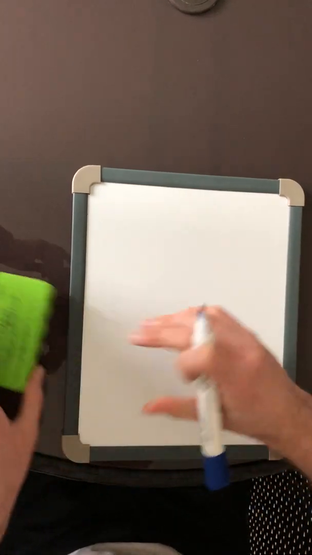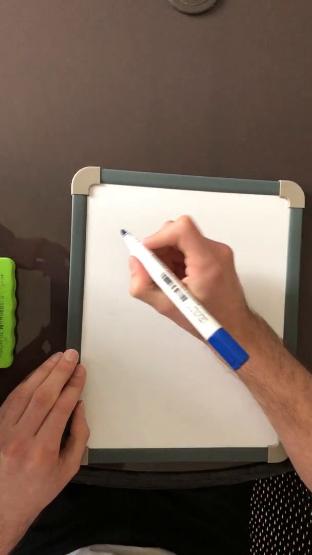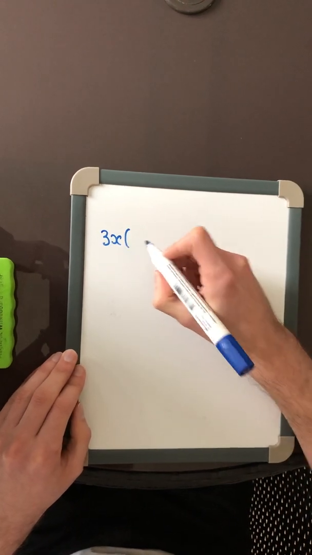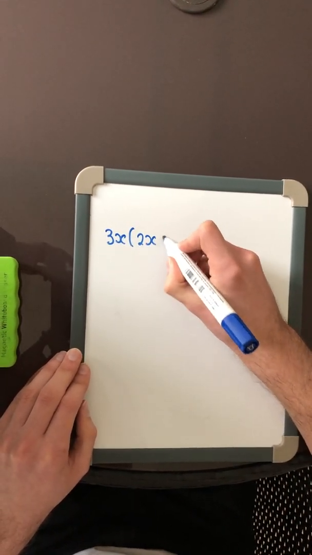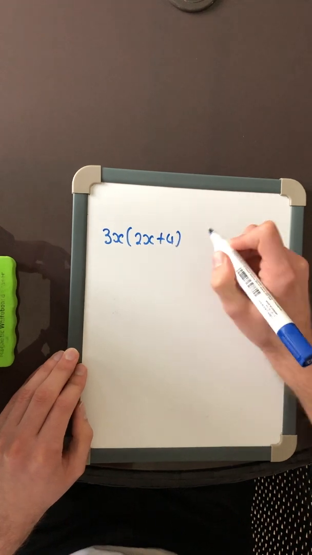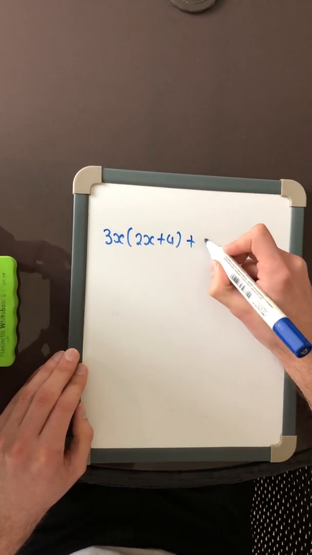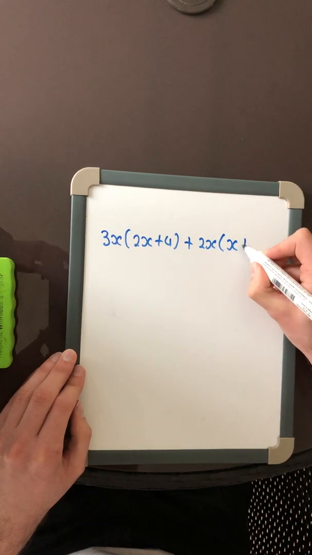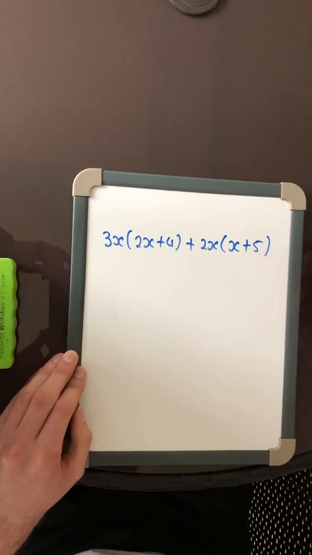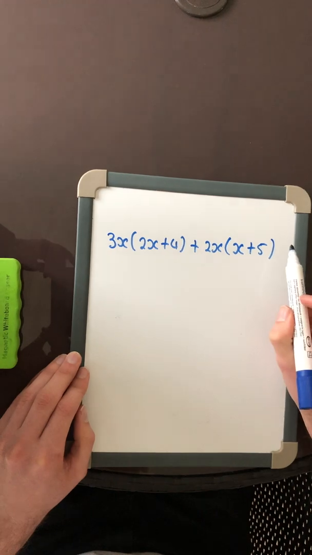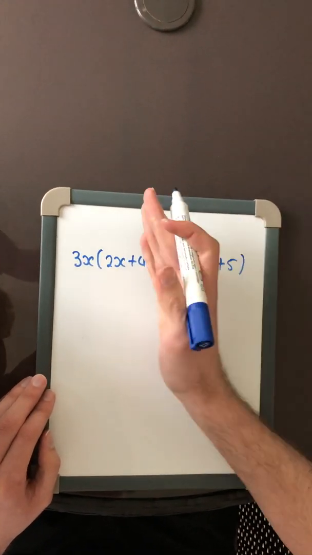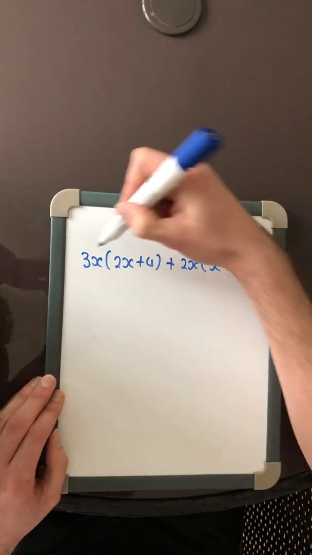And again, stepping it up one more time. If we have a question that's, let's say, 3x, open brackets, 2x plus 4, close brackets, and then another plus 2x, x plus 5. We now want to expand both of these brackets and then simplify it. So same again, I'm going to break it down and do the first half here.